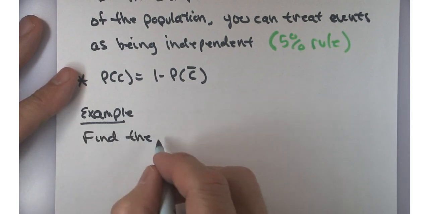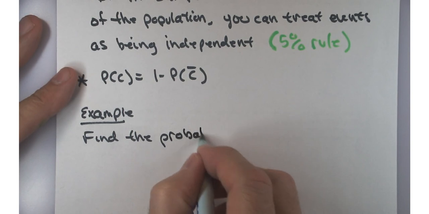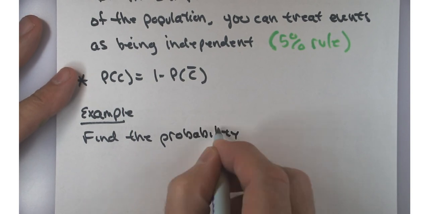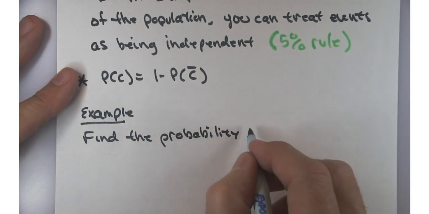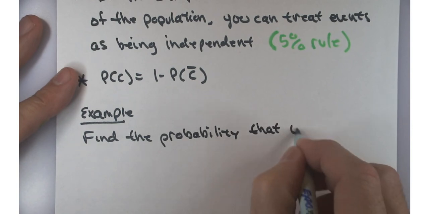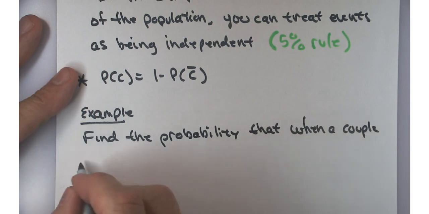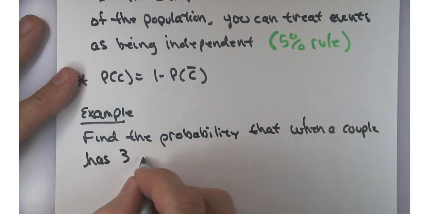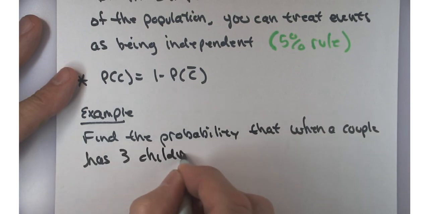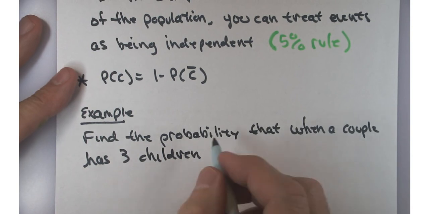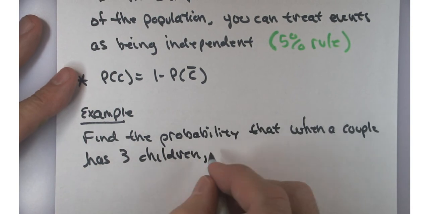Find the probability that when a couple has 3 children, at least one of them is a girl.